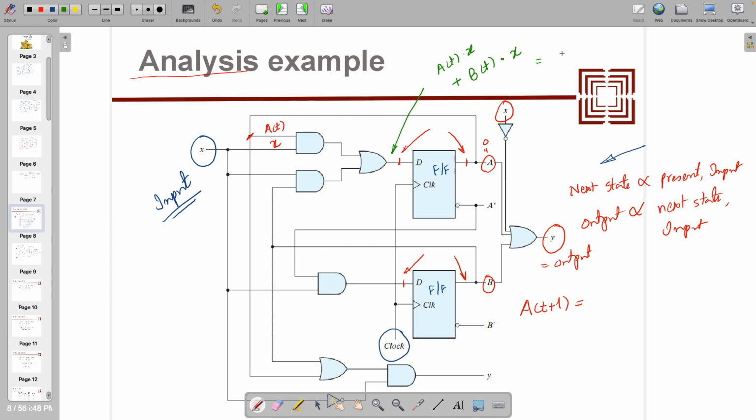Or you can write x is common, x times (A(t) plus B(t)), right? That's equal to A(t+1). Same way we can write down B(t+1), and B(t+1) is equal to what? It's going to be equal to, so this is coming here, this is for y. It's only two things, it's A prime and x, right?